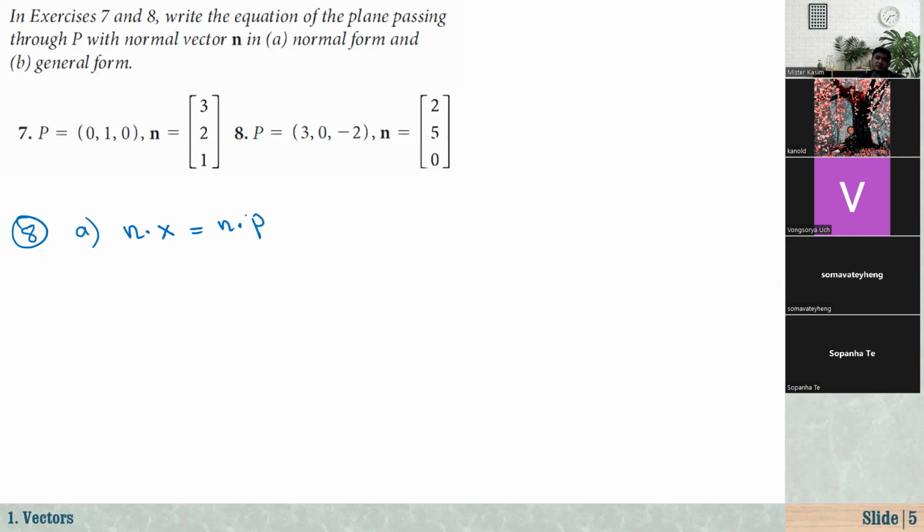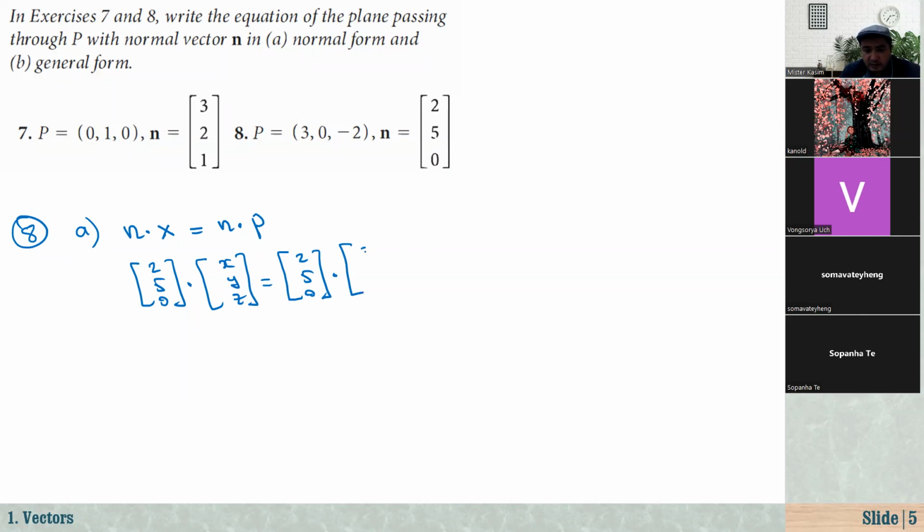So this equation gives us the plane. What is n? n is given here, 2, 5, 0. So it is 2, 5, 0 dot x, y, z equals 2, 5, 0 dot any particular point, so that is 3, 0, -2.